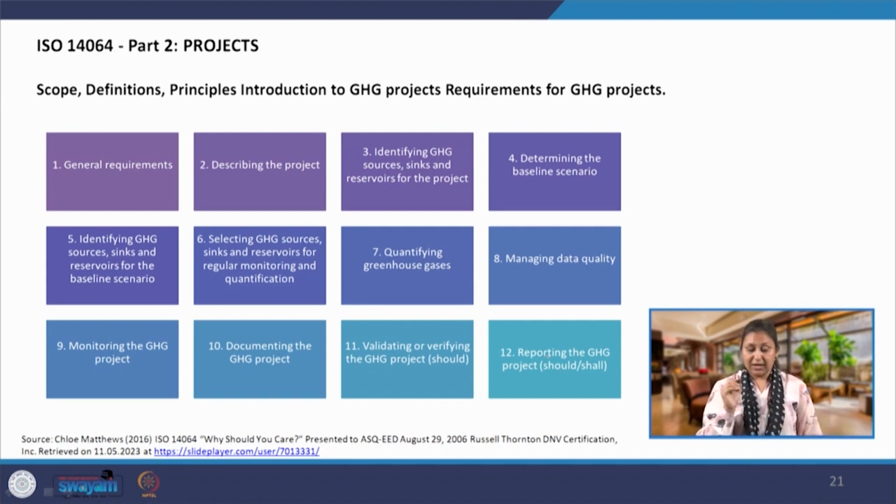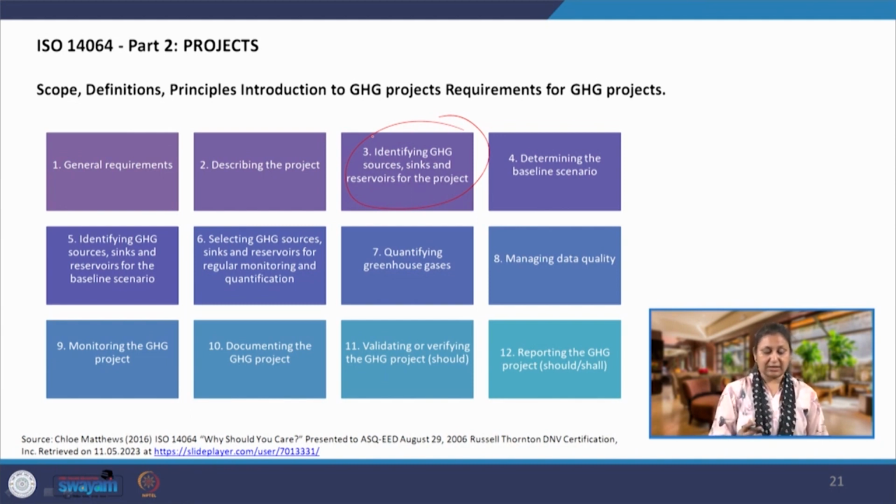We start with identifying GHG sources, sinks and reservoirs for the project. So, specifically identify them, determine the baseline scenario, identify the GHG sources, sinks and reservoirs for the baseline scenario. We have already identified the sources, sinks and reservoirs for the overall project, but for the baseline scenario, what are the sources, sinks and reservoirs?